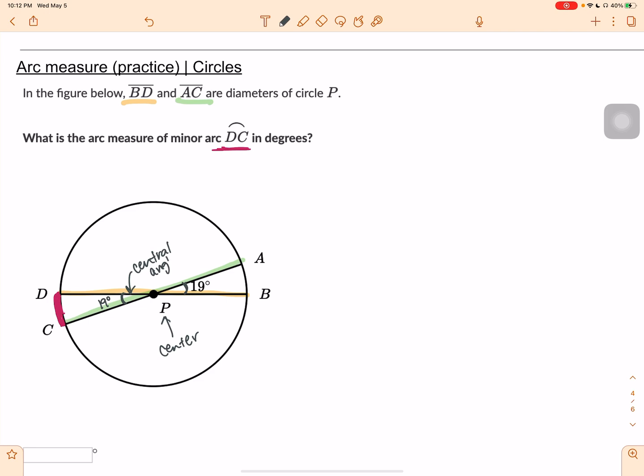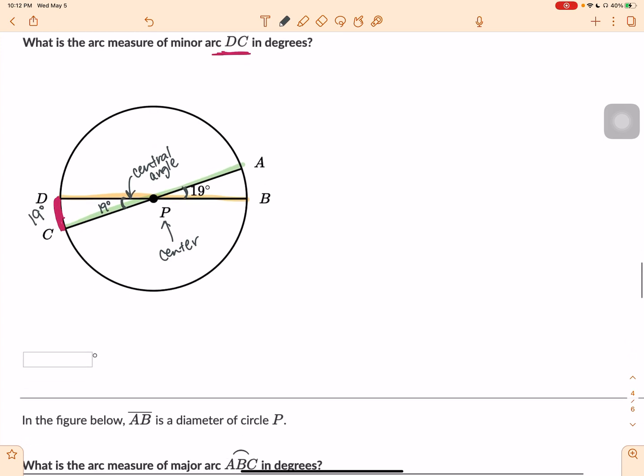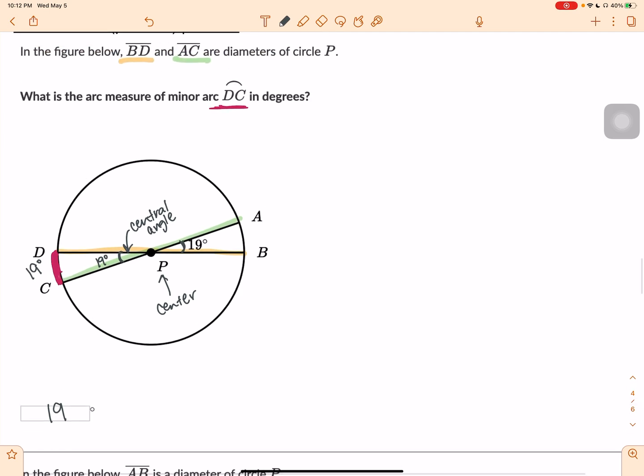This is the central angle here, one of the central angles. So we know the central angle is always equal to its arc. So the measurement of arc DC is 19 degrees as well. So a lot of this is just understanding what is equal, what is half, what is twice the amount, so it's really just reading carefully what they want and using what information is given to you to get to that point. Okay.